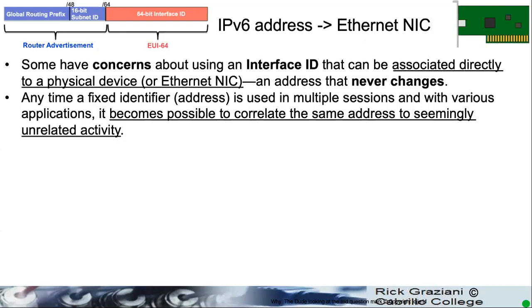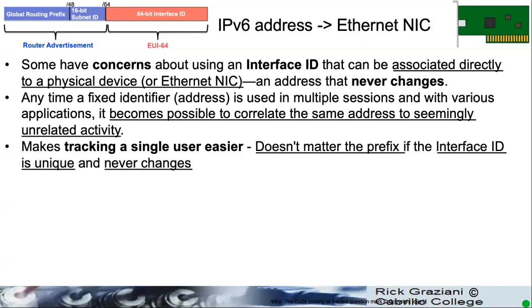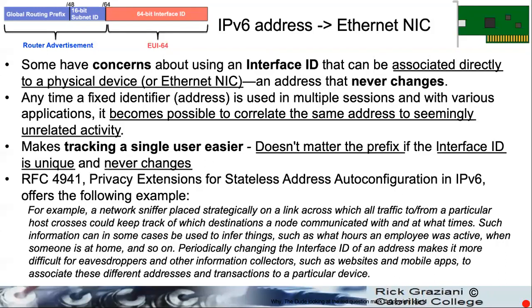You can be on different applications, different websites, or whatever on the network, but you can relate all of that based on just the interface ID if you're using EUI64. RFC 4941 actually gives an example of this and the concern for this.